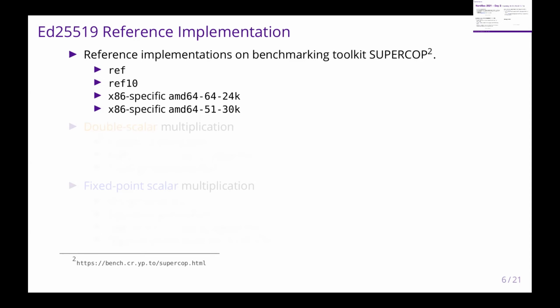And then there's an optimized Ref10 implementation that is fast and also portable. And then there are two implementations that are specific to Intel architecture or x86 architectures, and these are even faster.